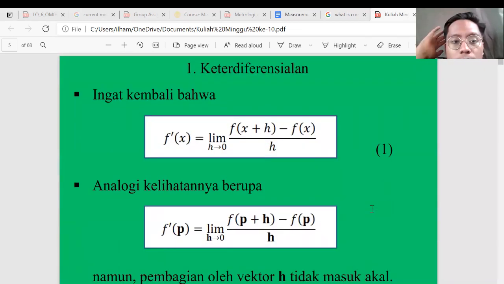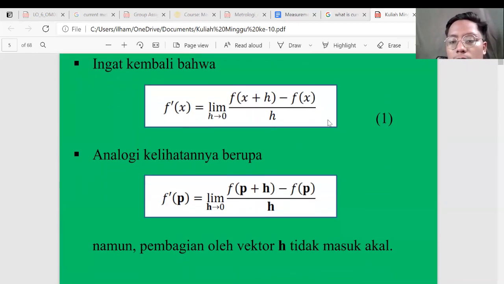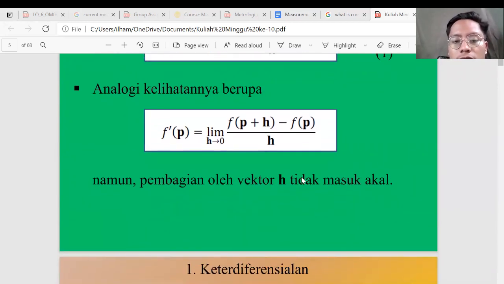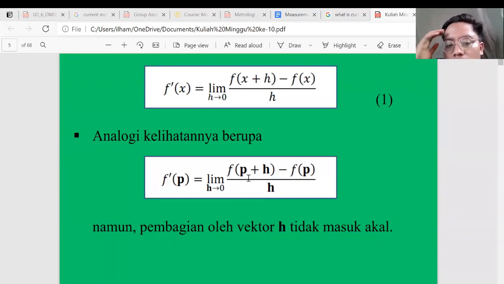We need to remember that f'(x) equals the limit as h goes to 0 of f(x plus h) minus f(x), divided by h. That's number one, and by analogy it would be f'(p) equals the limit as h goes to 0 of f(p plus h) minus f(p), divided by h. But dividing by a vector h is nonsense.